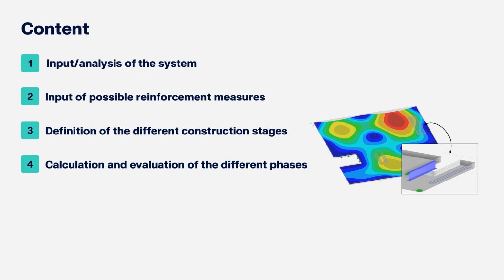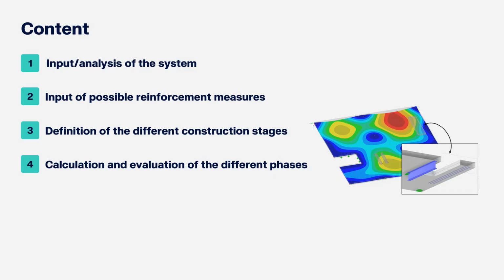We want to discuss maybe 4 topics today. At first, the input and the analysis of the system, which are prepared here a little bit for you. The second thing is the input of possible reinforcement, the input of additional members, and so on.